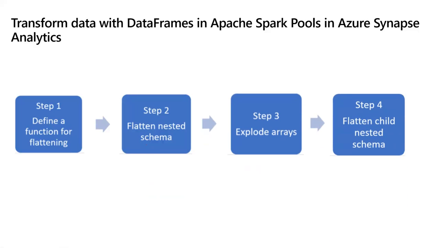okay? And that's how you need to work with those complex data structures when you have JSON files, or other types of files that are nesting information. Okay, four steps. You define a function, you get those, let's say, nested objects into a data frame, you explode the data frame arrays, and then you get your flattened data frame.